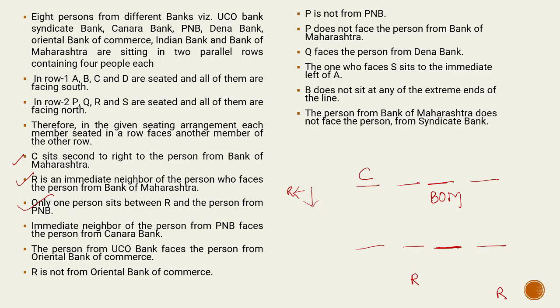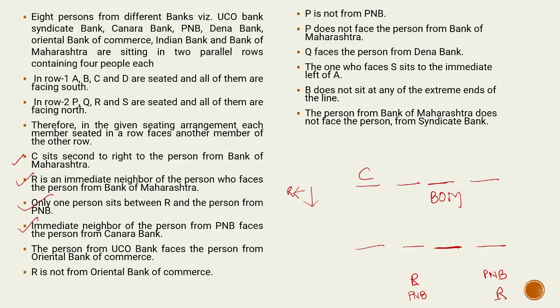Only one person sits between R and the person from PNB. If I am placing R here, then the person from PNB can be here. Or if I am placing R here, the person from PNB can be here. So as of now, there are 2 possibilities regarding the placement of R and the person from PNB.